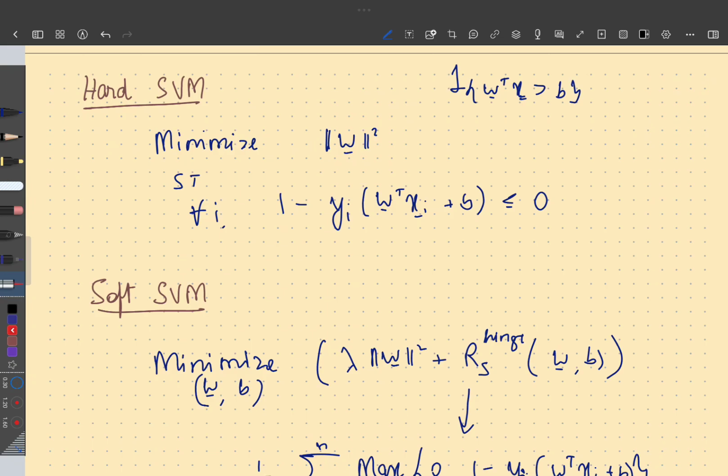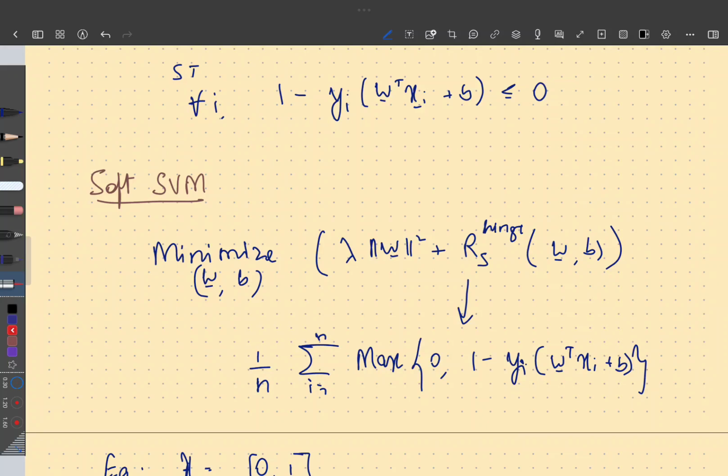All right? And similarly, the optimization problem itself depends on the norm of w squared, which is the inner product of w with itself, and inner products of w with the data points. The soft SVM as well depends on the norm of w squared, and the inner products between w and x_i.